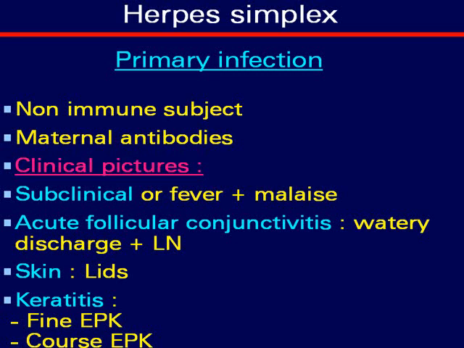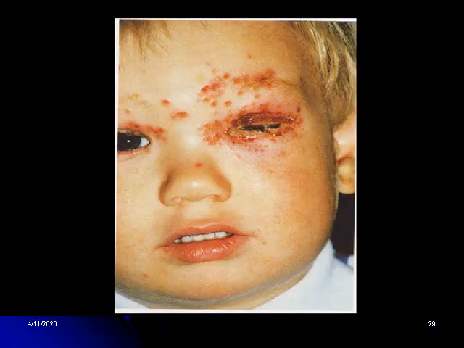Rarely the cornea will be involved in the form of fine epithelial punctate keratitis, but usually conjunctivitis or blepharitis. Now you can see in this picture that the child has very clear eruptions around the eye with vesicles, conjunctivitis and blepharitis. So this is primary herpes.